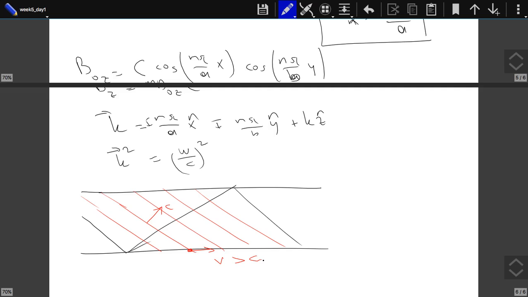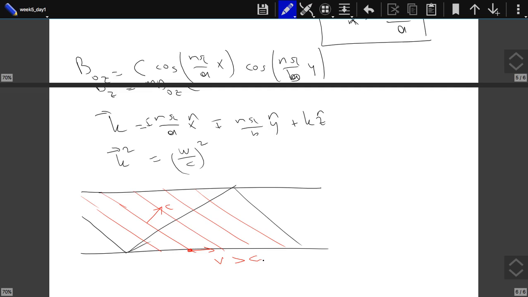But if you just imagine, you take a laser pointer and you follow the tip of it. If you just move your laser pointer, the tip might move faster than the speed of light. There is no problem with that. There is no transfer of information faster than the speed of light.